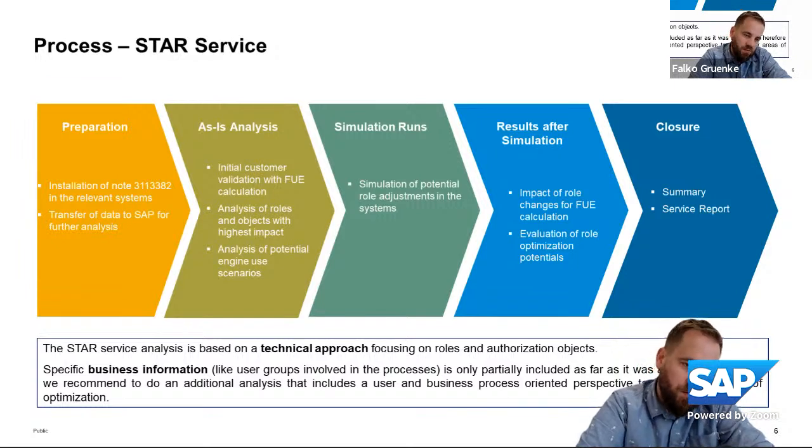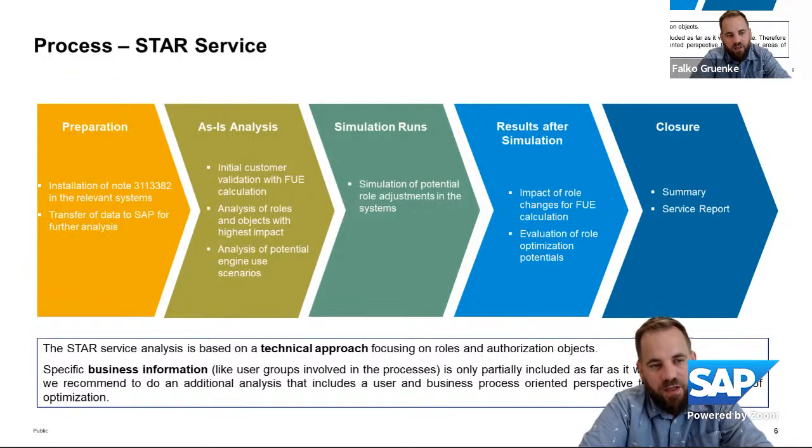Then our experts, together with your experts, drive an as-is analysis, looking into the numbers we have just seen, analyzing the roles with the highest impact, and also verifying potential engine use scenarios.